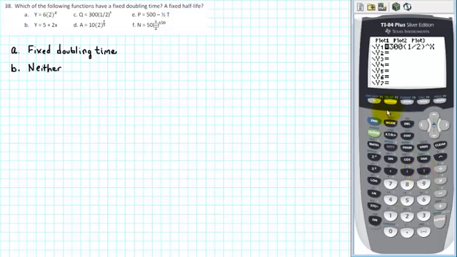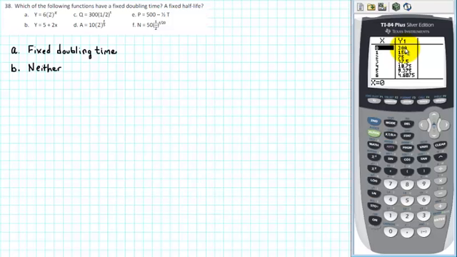Set up a table using a table start of 0 and an increment of 1. View the table. Notice now that the initial quantity is 300, and instead of the y values increasing, the y values are decreasing.